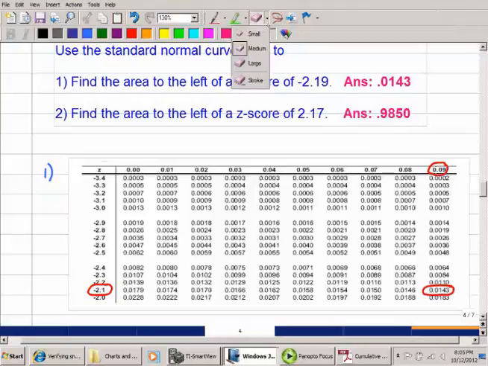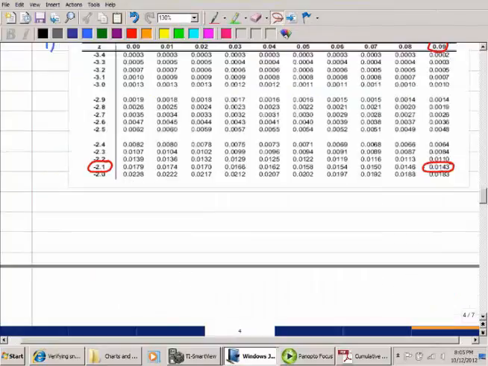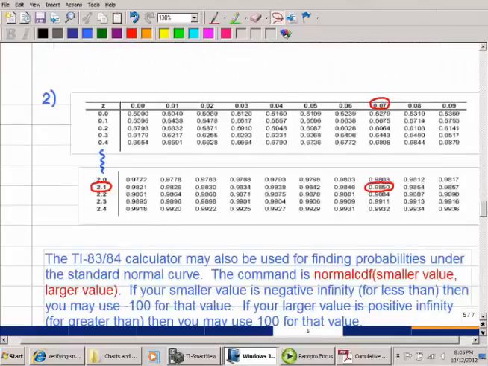Now how about positive 2.17? Let's see what that's all about. Over here, I had to splice the table because I wanted to show the top row. Otherwise, it would have been too much to copy. So you normally obviously won't have this gap between the 0.4 and the 2.0.